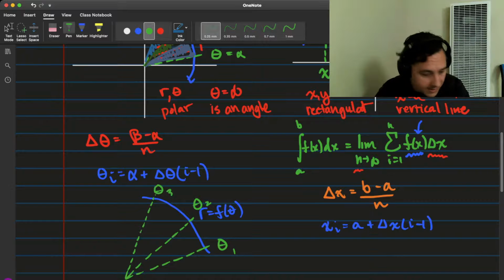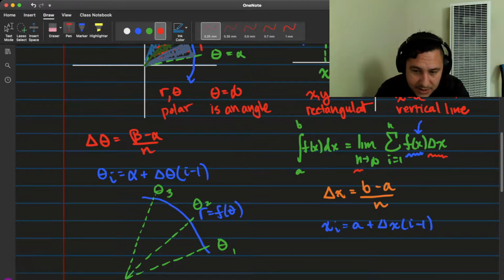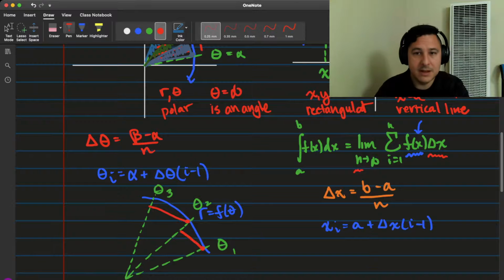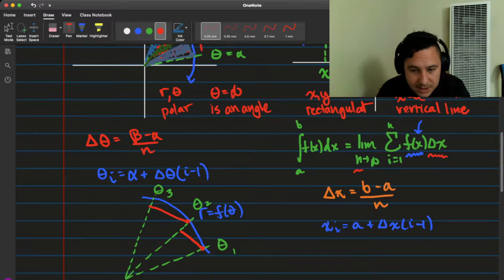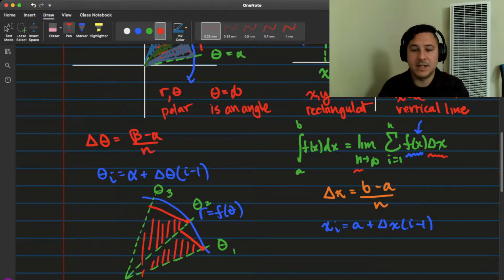That would be your theta 3. And then what you would use is these values to actually make the heights for your little pizza slices. And that would give you the area you're trying to estimate under them. And then you would keep going. And that's just the equivalent of the rectangles on the other side.